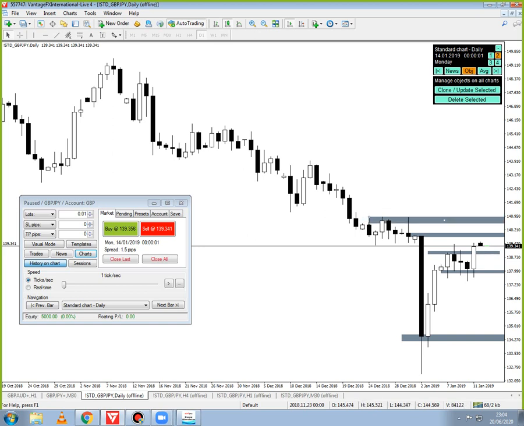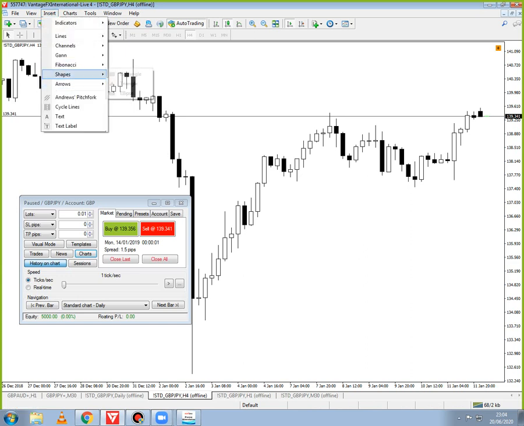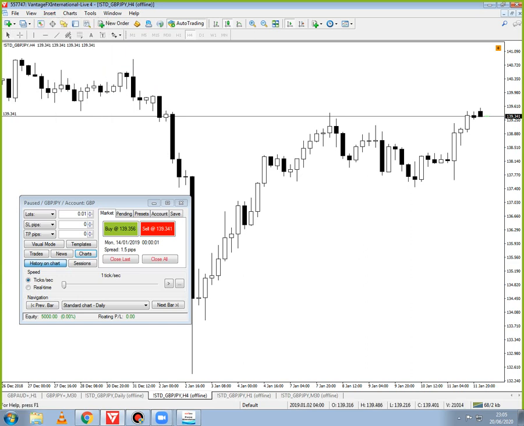Let's move down to the 4-hour time frame now. The 4-hour looks like it's broken out of this resistance that we had on the 8th of January.